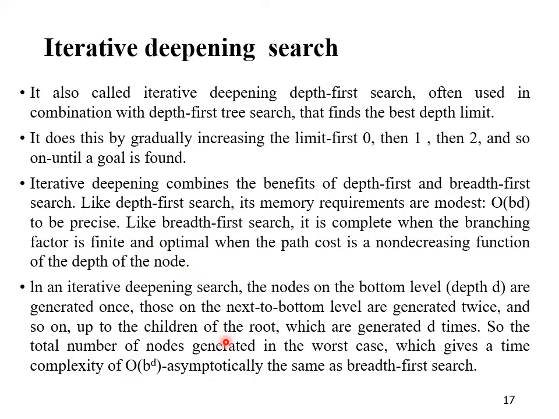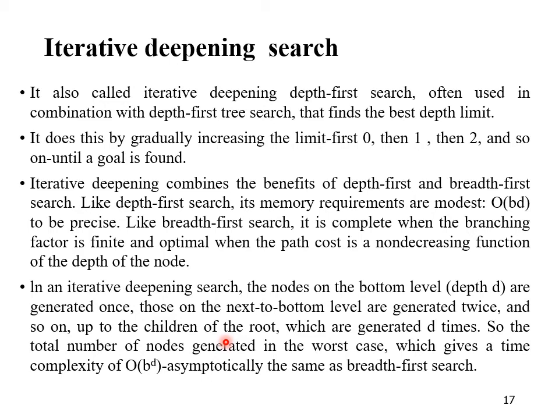This is the next variation of depth first search, called iterative deepening search, also called iterative deepening depth first search, or depth first search with iterative deepening, often used in combination with depth first search to find the best depth limit.